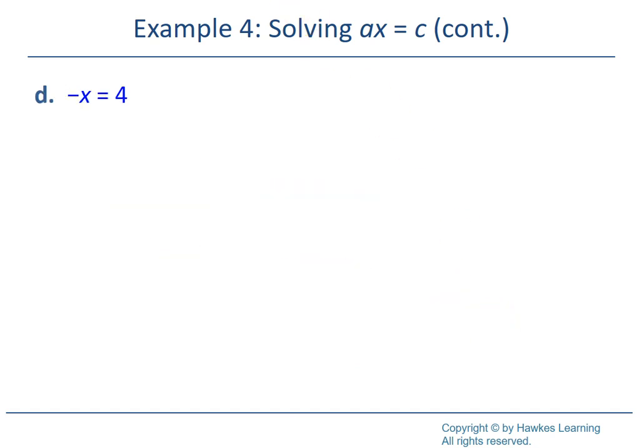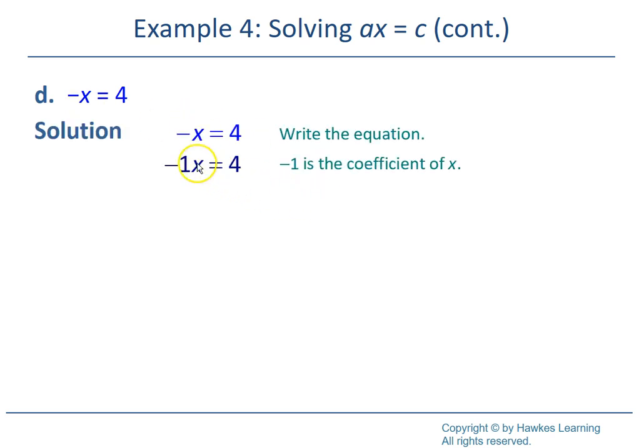Okay, another one. Sometimes you'll end up with a negative x equals 4. But we don't want what negative x is. We want what positive x is. So what can I do to both sides to get this to be a positive? Well, if we multiply both sides by a negative 1, negative 1 times negative 1 makes this a positive 1.